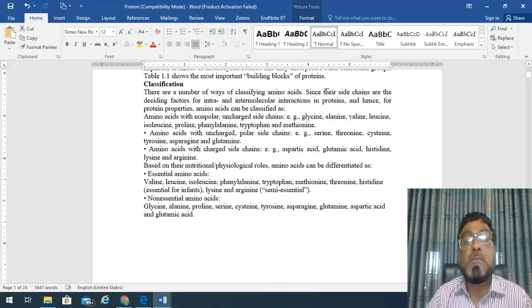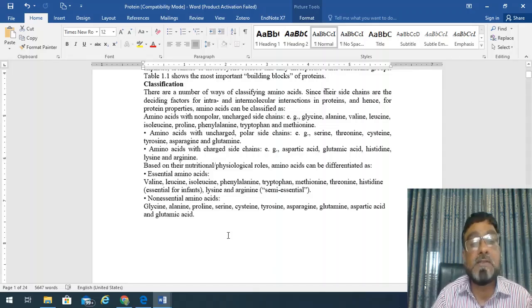When we talk about food chemistry, there is a different classification, based on polarity, side chains, and charged or uncharged side chains. And on a nutritional basis, there are the essential amino acids and the non-essential amino acids. We will be looking at both of these classifications.